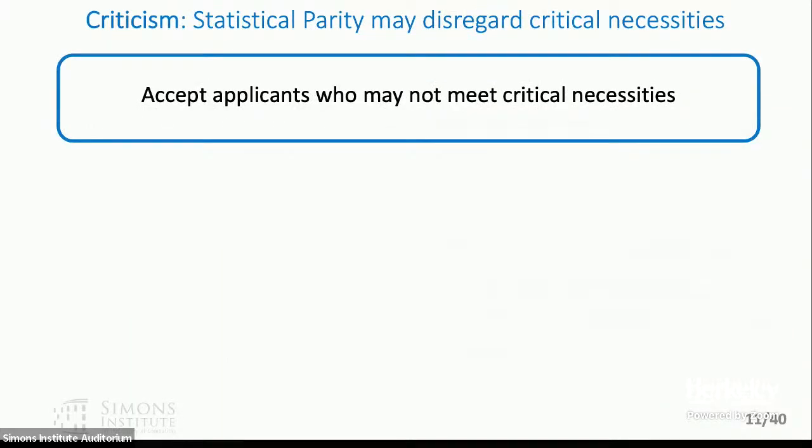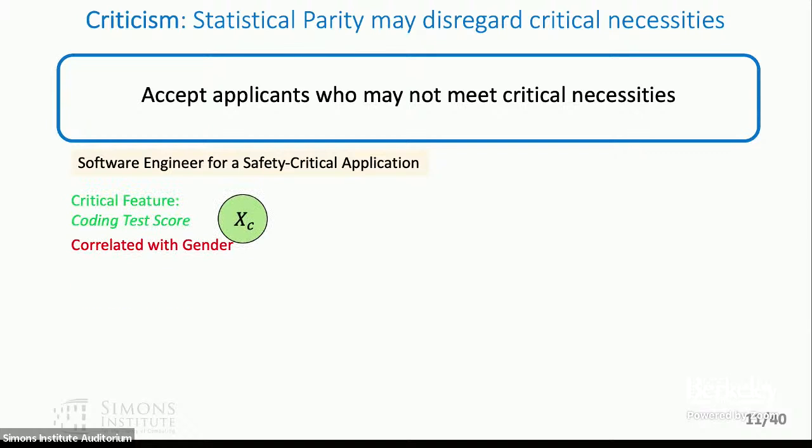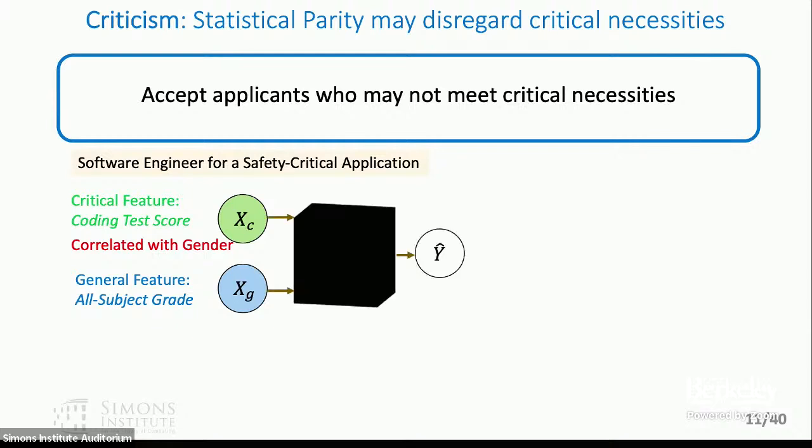But statistical parity has been criticized in that it can sometimes accept applicants who may not meet the critical necessities. If we again go back to our example of hiring software engineers for a safety critical application, let's assume that the critical feature is correlated with the sensitive attribute, whereas the other features are not. And let's say we are training a linear classifier and using statistical parity as a regularizer with the loss function.